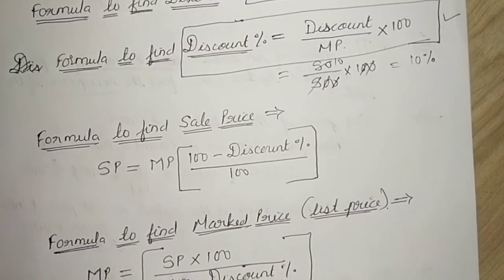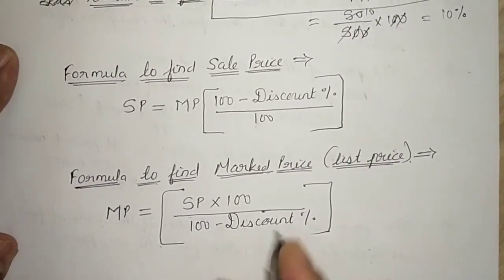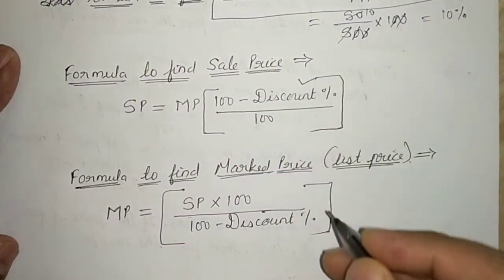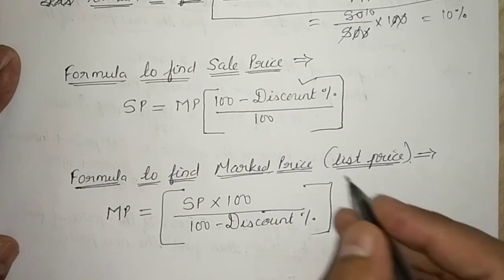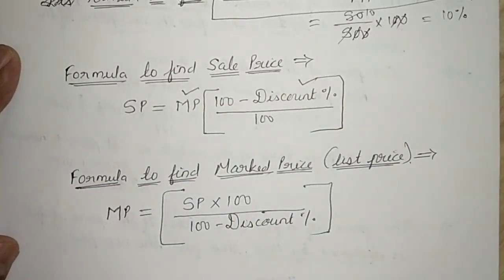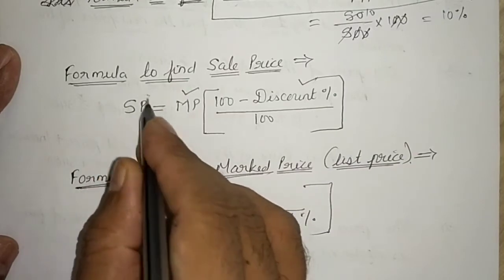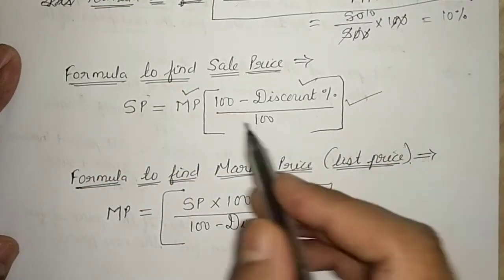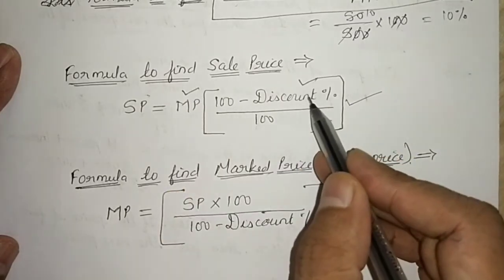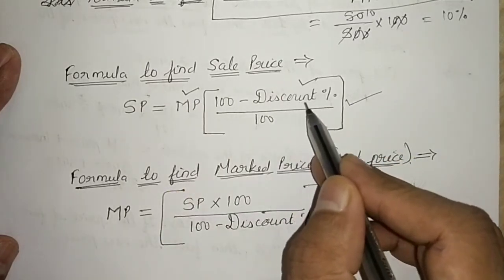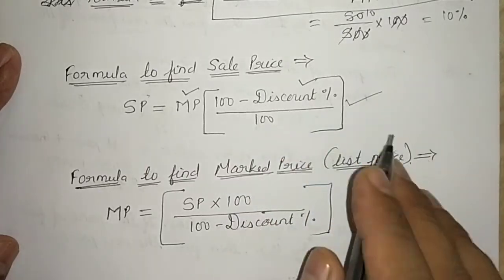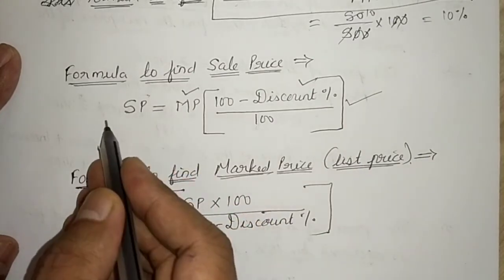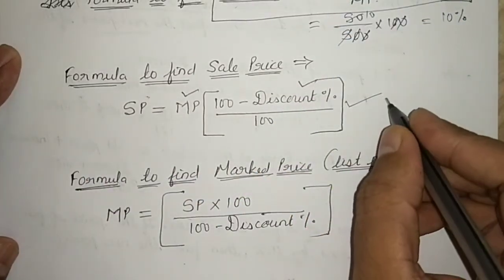Similarly, if we want to find the sale price, and we know the discount percentage and the marked price, and they ask you to find the sale price, what will you do? You will put in this formula the value of MP, that is marked price, and 100 minus the discount percentage, divided by 100.